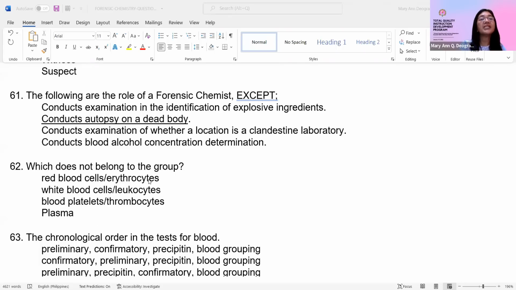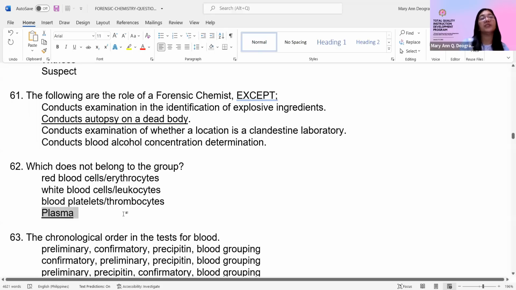Kasi itong red blood cells, white blood cells, blood platelets, these are the solid materials which are the component of blood. Tapos ito, it's the only liquid. Okay, so ito yung exception. Although all of these are components of blood, so ito yung pinaka hindi kasama dyan kasi yung lahat ay puro solid, siya lang yung liquid.